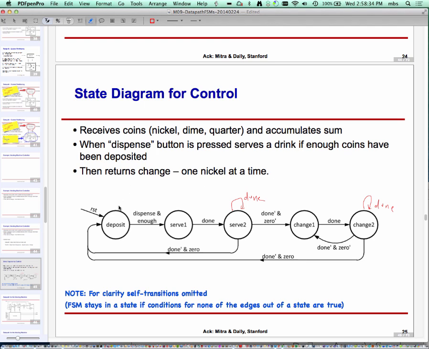And likewise there is a self loop out here, which corresponds to not dispense and enough, and so on and so forth. So that's one important point. Self loops have been omitted. So an FSM stays in a state if none of the outgoing conditions are true.